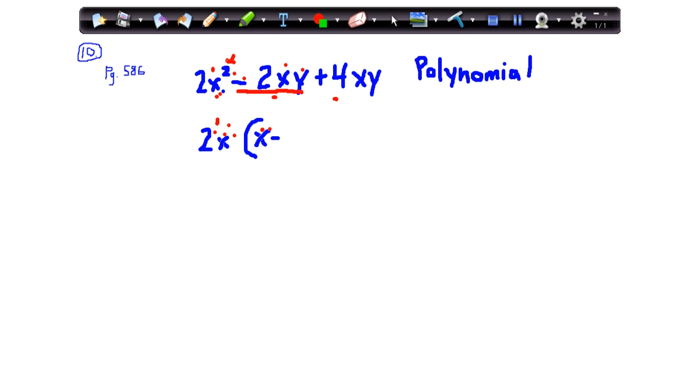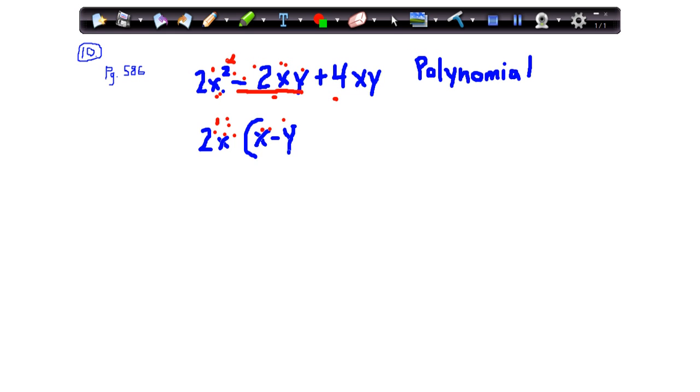Now we factored this term: 2x times negative y equals negative 2xy.